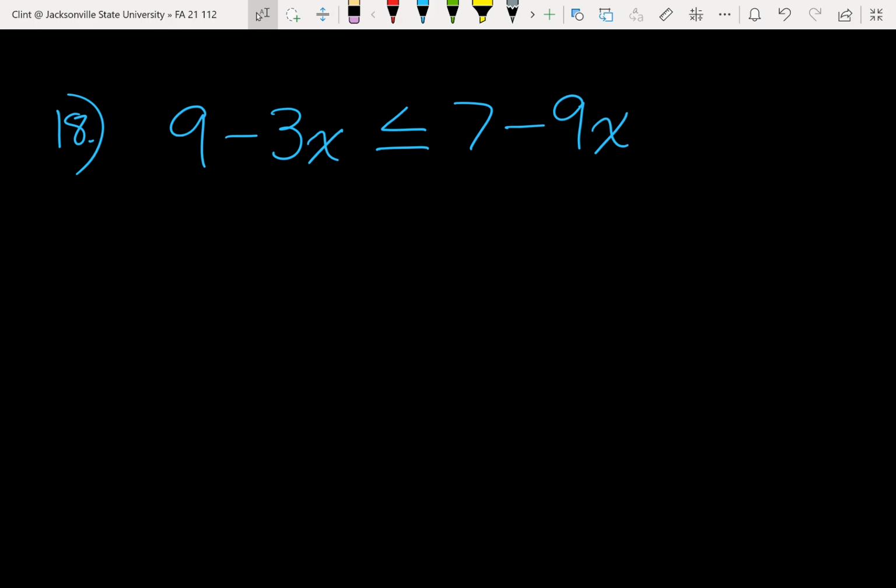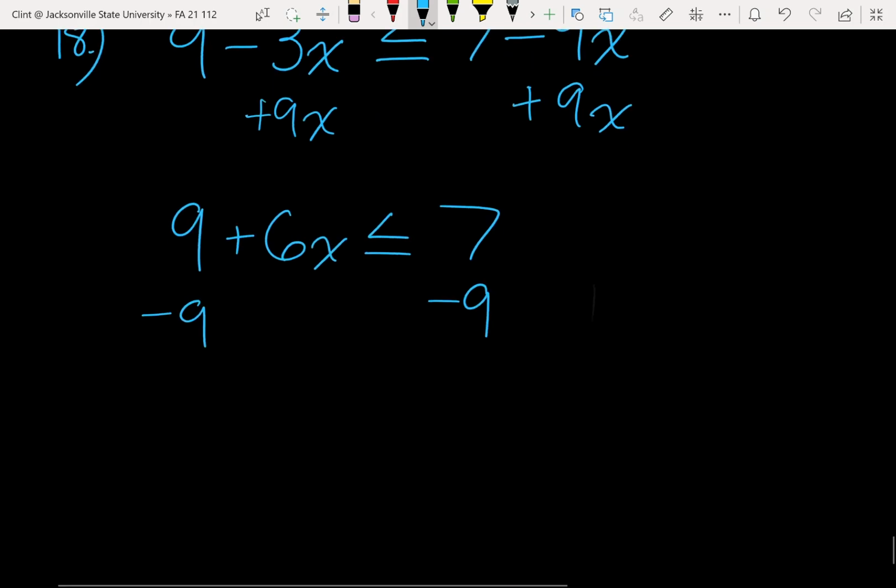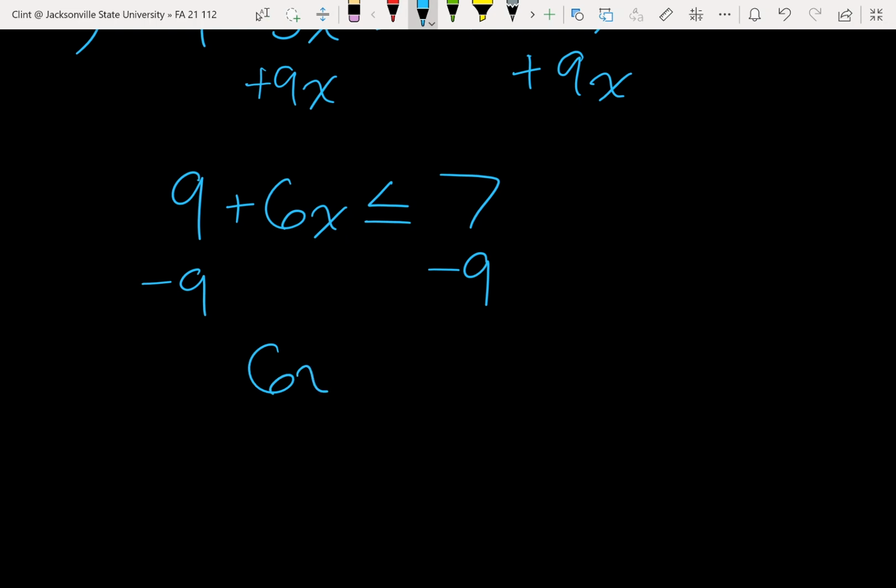To me, it's a lot less confusing if we get the x's over to the left side and everything else over to the right side. So I'm going to add 9x to both sides. So I have 9 plus 6x less than or equal to 7. And I'll subtract 9 from both sides. Give me 6x is less than or equal to negative 2.